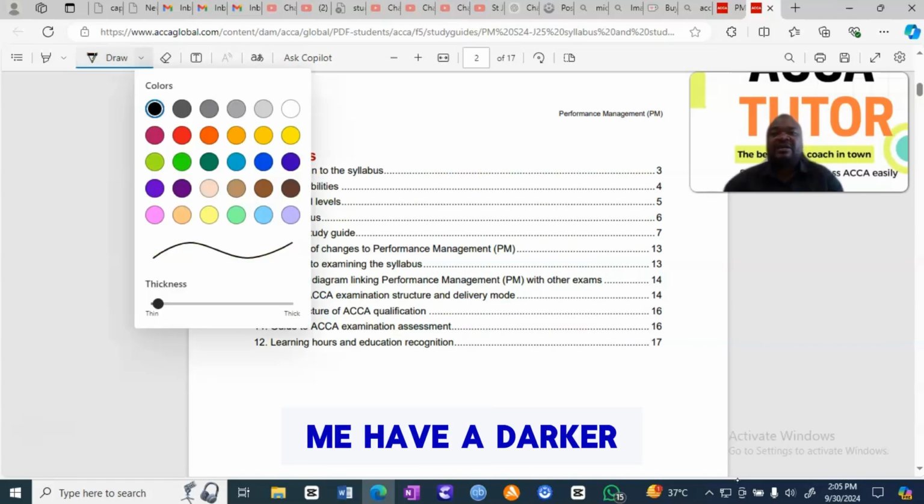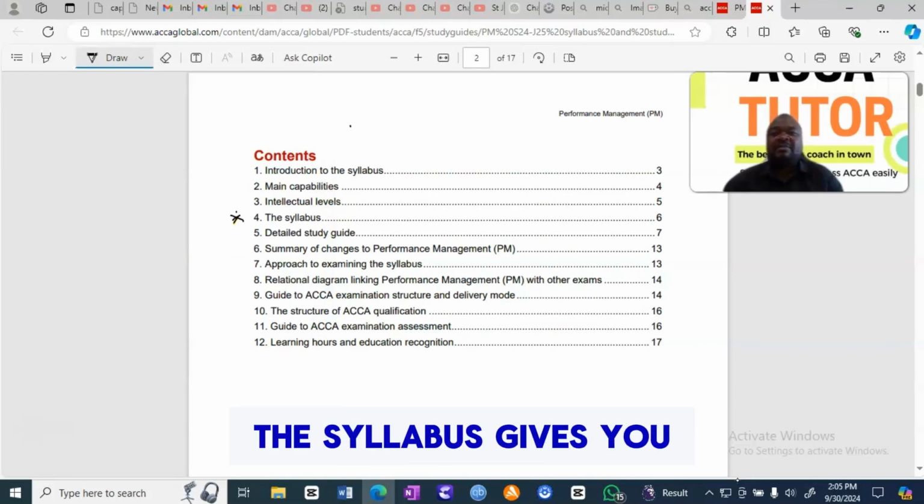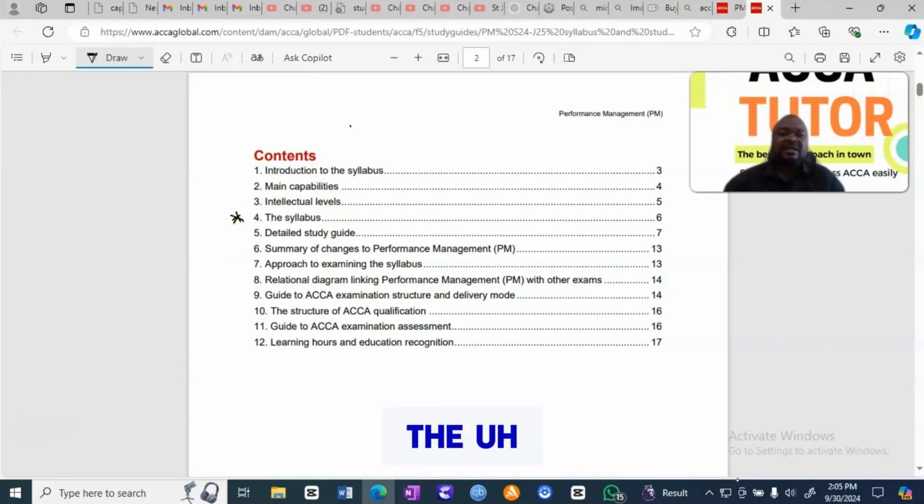The syllabus gives you the snapshot of what is going to be detailed in the study guide. So they work hand in hand. After you read item number 4, you then have to get more information in item number 5.